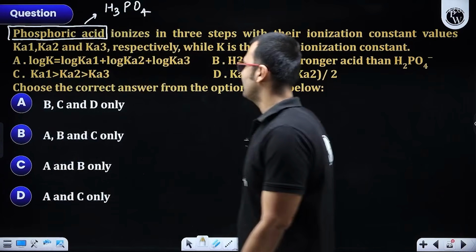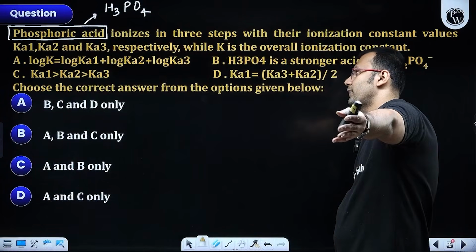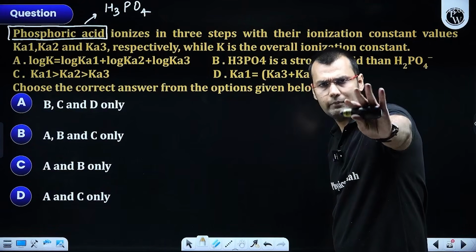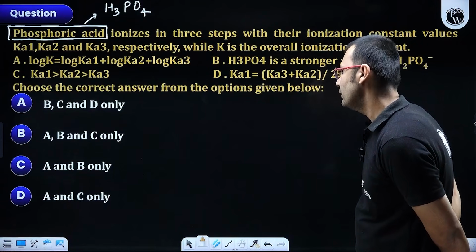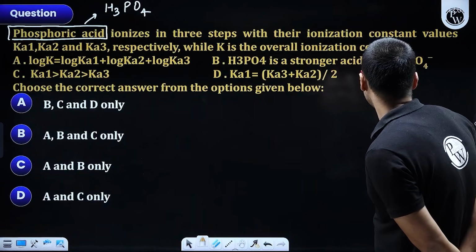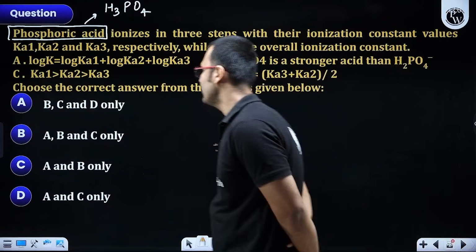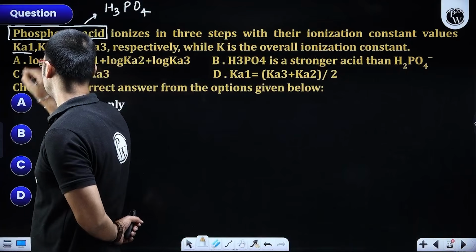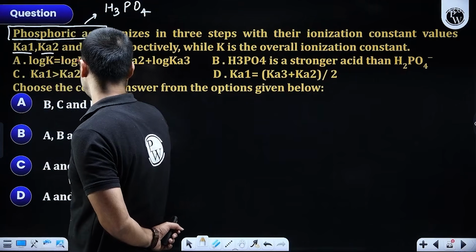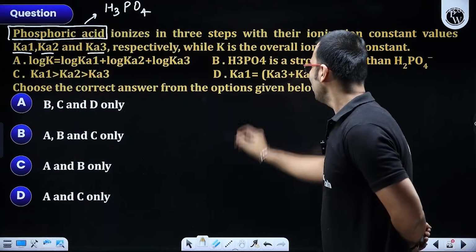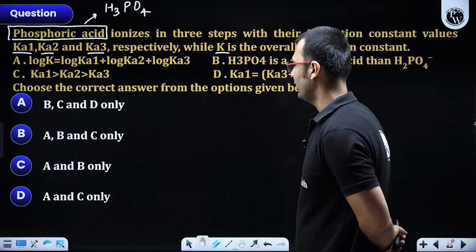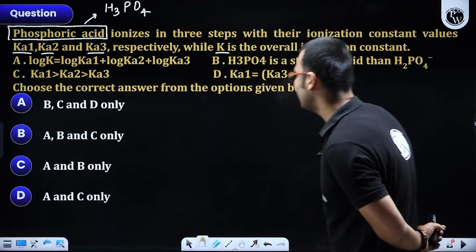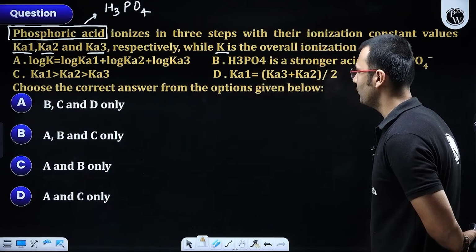So phosphoric acid, please pause it, do it on your own, later on match the answer. Phosphoric acid ionizes in 3 steps, we know that, with their ionization constant values K1, K2, K3. So in the first step, the ionization constant is K1, second step K2, third step K3 respectively, while K is the overall ionization constant. Okay, then choose the correct answers from the options given below.